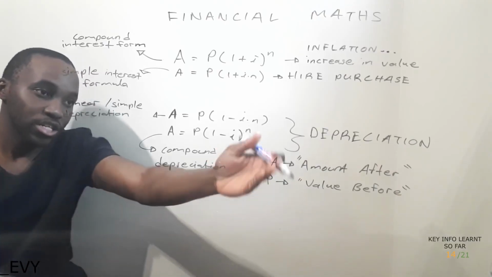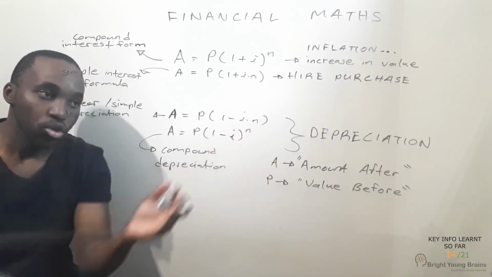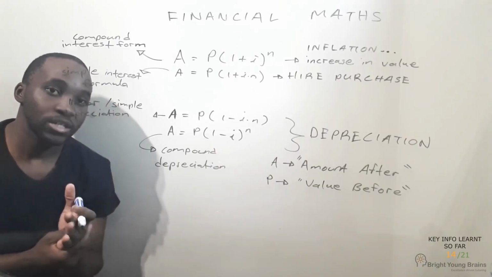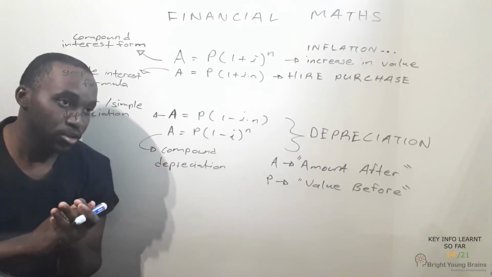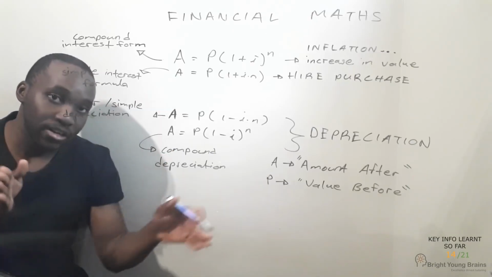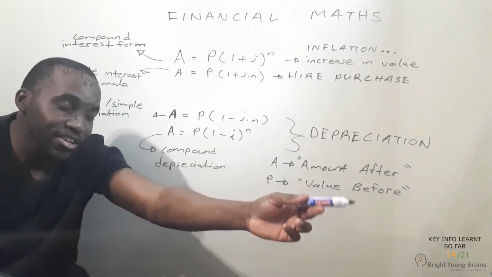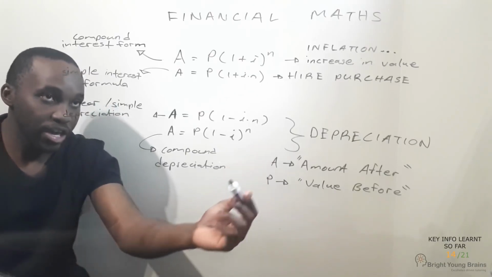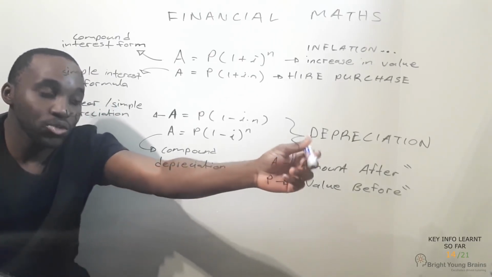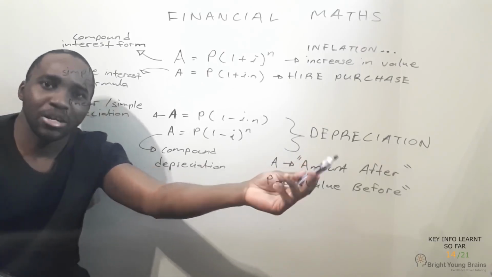So this is how you can differentiate whether you have been given an A value or a P value. P will always be referring to the value of something before a time period has passed. A will always be referring to the value of something after a time period has passed. So you can think of this as the P4 value and this is the amount after. That's for A and P, and these are ways to simply remember it. And they're informal, which make them much easier to remember.